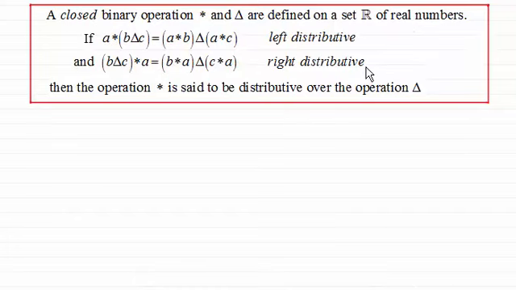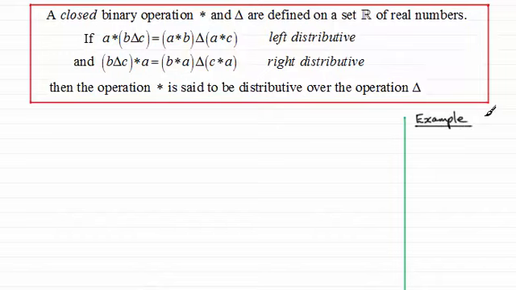And we call this right distributive. But if both of these properties hold, then we say that the operation star is said to be distributive over the operation triangle. Now, you should already be familiar with this rule. You've used it quite a lot, I would have thought, in the past.